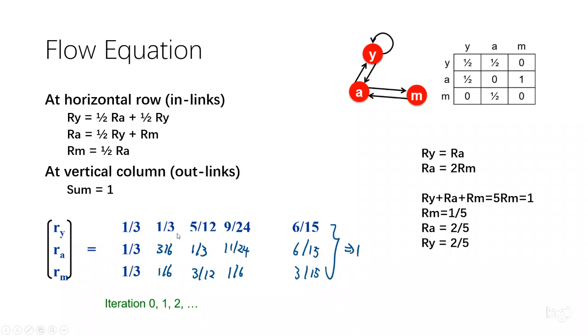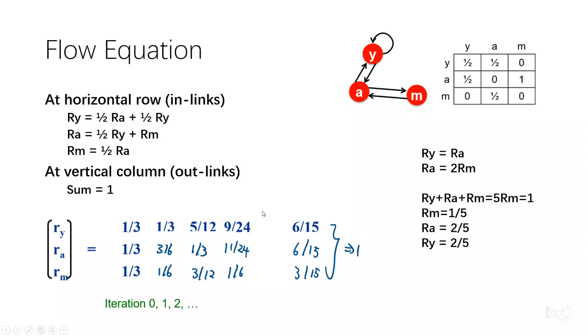For the second iteration, ry equals 1/2 ra plus 1/2 ry. Therefore it equals 3/6 divided by 2, which is 3/12, plus 1/3 divided by 2, which is 1/6, or 2/12. Therefore, 3/12 plus 2/12 is 5/12.